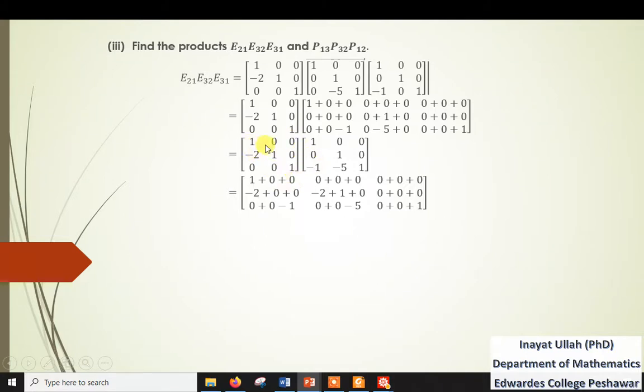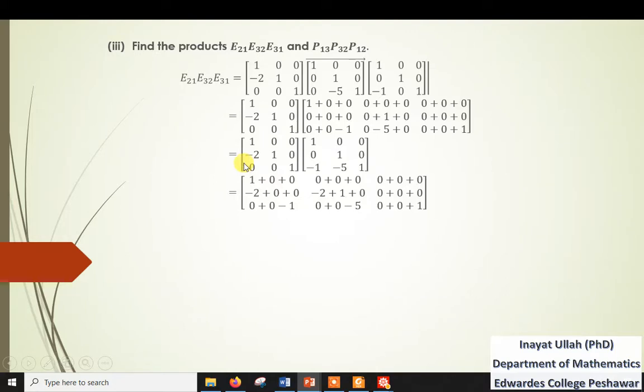Now the same first row with the second column: 1 into 0 is 0, 0 into 1 is 0, 0 into minus 5 is 0. Now multiplying this first row with the third column: 1 into 0 is 0, 0 into 0 is 0, and 0 into 1 is 0. So that is the product of the first row with all these three columns, and now closing the square brackets.